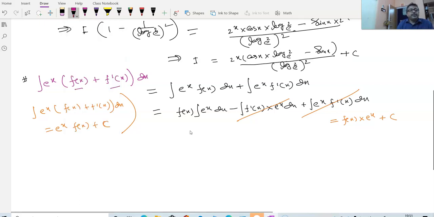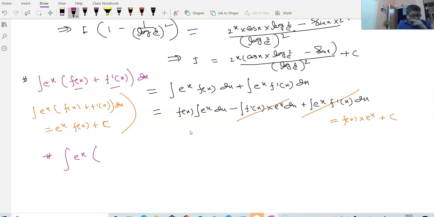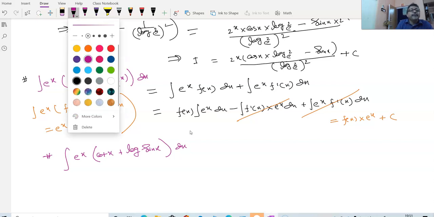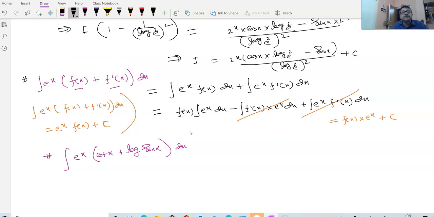For example, I am telling you this one, where it is e to the power x into cot x plus log sin x. Here you all can see the derivative of log sin x, but you need to mention, when you are answering in a descriptive paper, which one is f(x) and which one is f dash x.